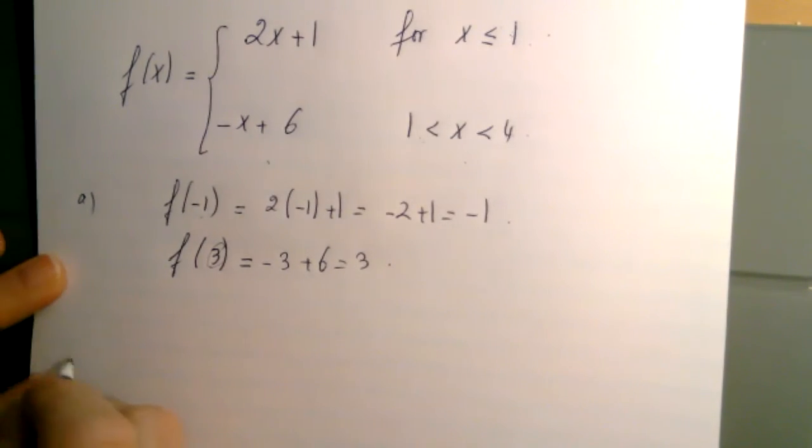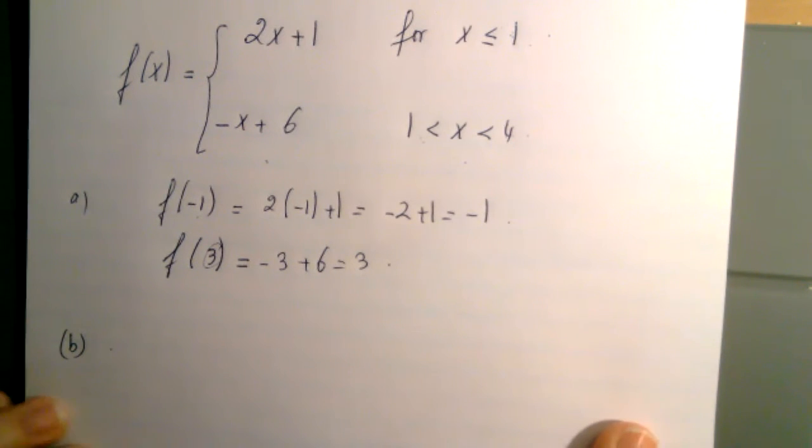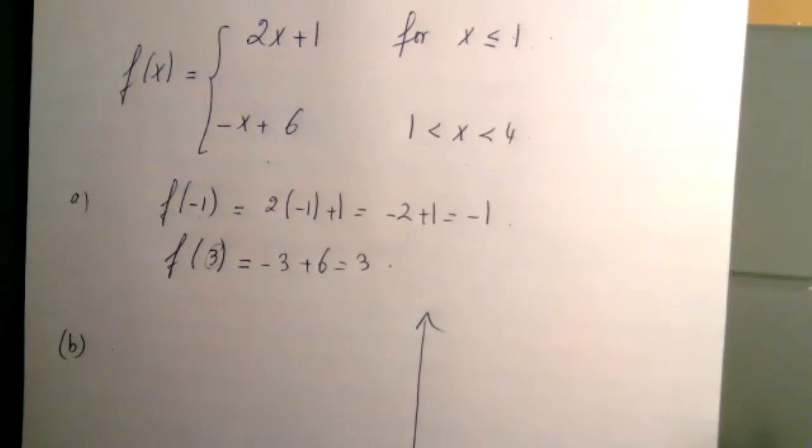Now part B was sketch the graph. How are we going to sketch the graph of this? So let us remember how we sketch the graph. This function is going to be 2 pieces. Up to 1, there is one rule, so we have one graph.